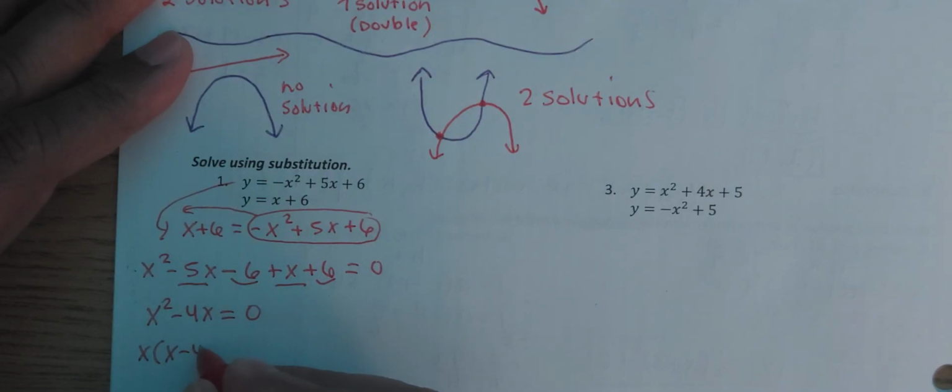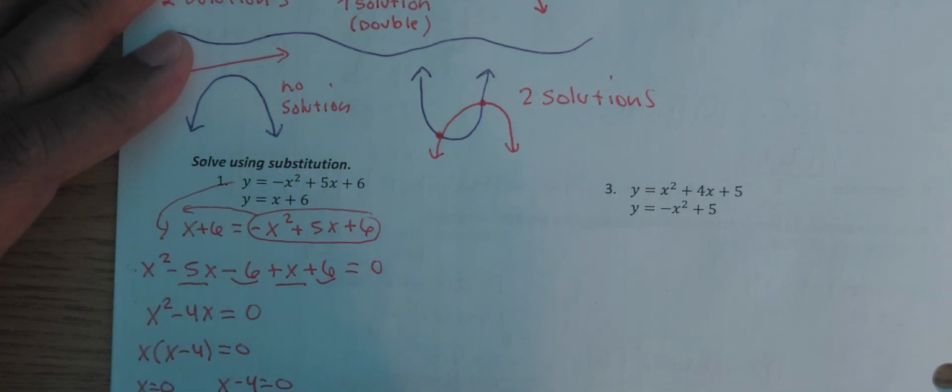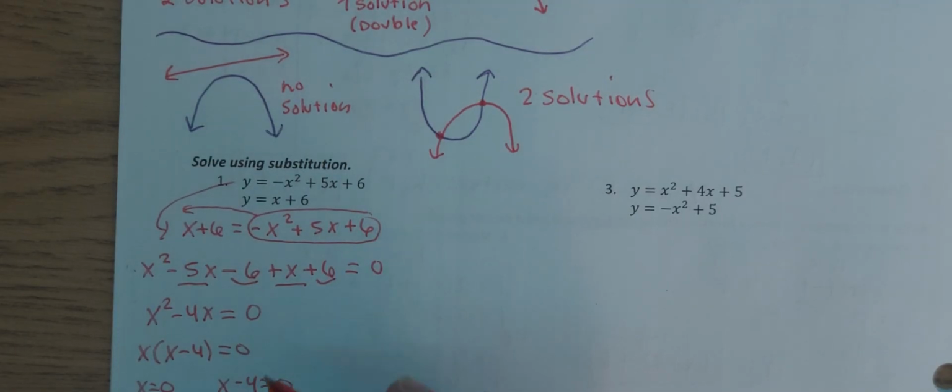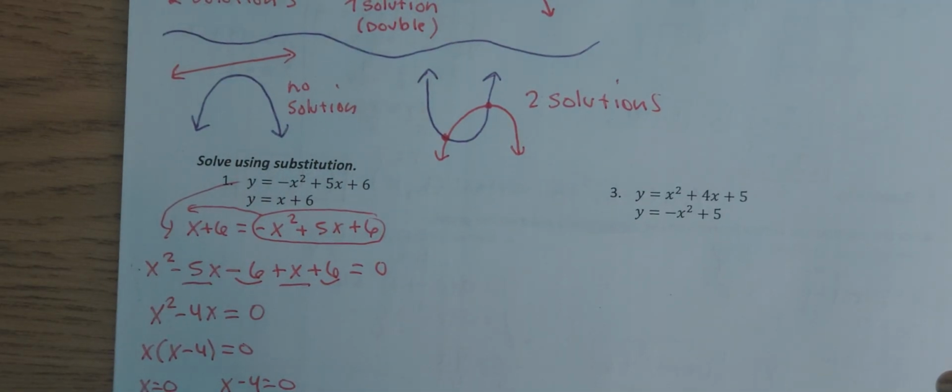We can factor it out. And then x equals 0 is one equation, and x minus 4 equals 0 is the other. So for this one point of intersection is 0, 0. And for the other, we add the 4, which means x equals 4. So 4, 0. So these are the 2 points of intersection of the x-axis.